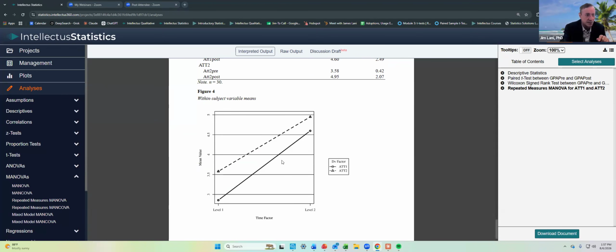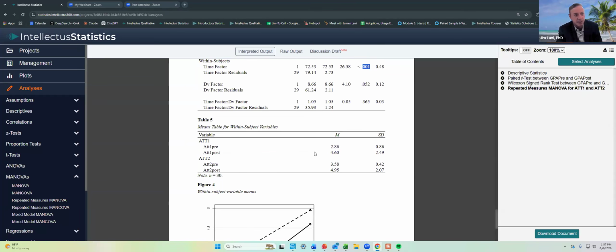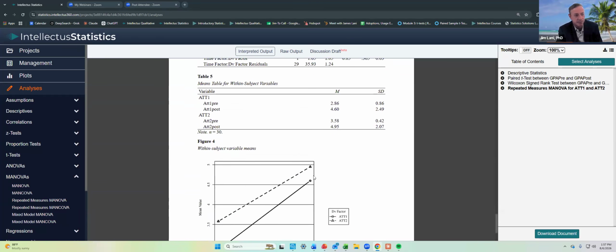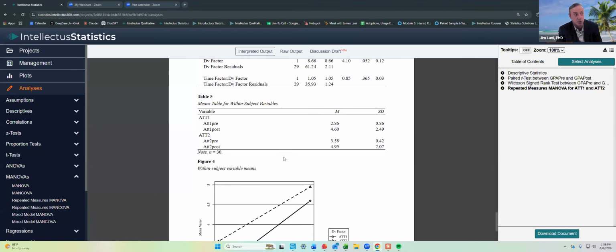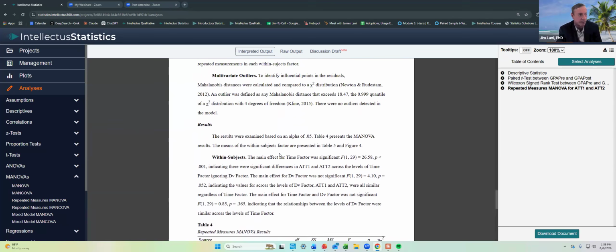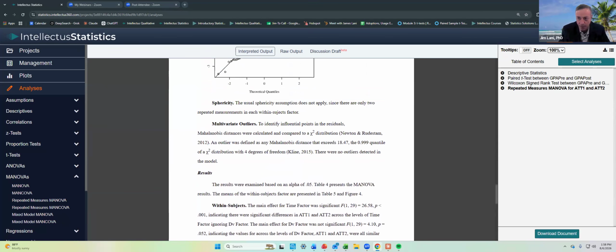This is pre to post, and these are my DVs. There's an overall difference from pre to post. That's how you would do it simultaneously. So instead of doing them individually, I think I would run that repeated measures MANOVA.